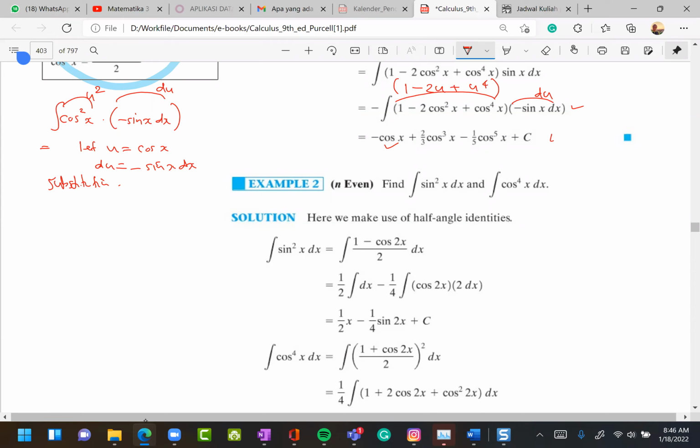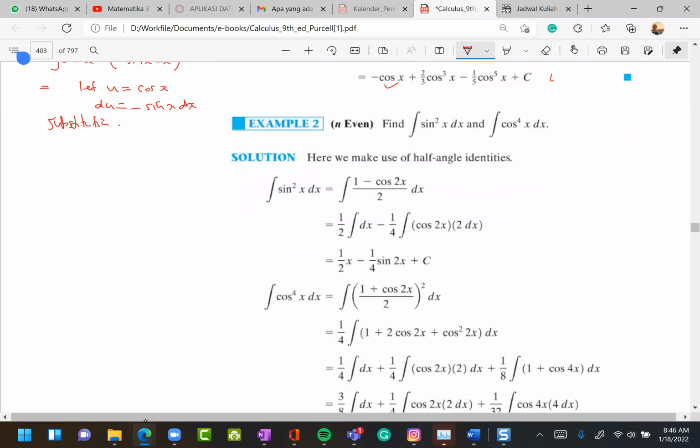Okay. So with power 4, what about power 4? This power 4 is power 2 and another power 2.